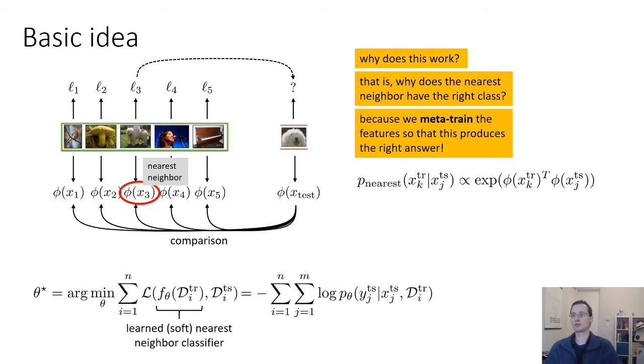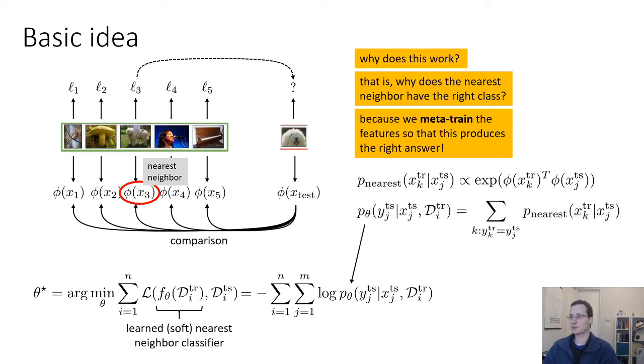Okay, so you can think of this as basically the distribution of how likely each training point is to be the nearest neighbor to xj test. And then you can define the probability of a particular label yj test as just the sum over all the training points that have the label yj test of their probability that they're the nearest neighbor.